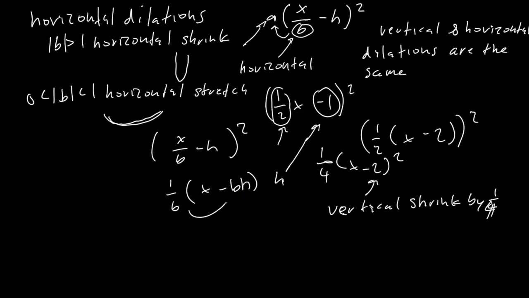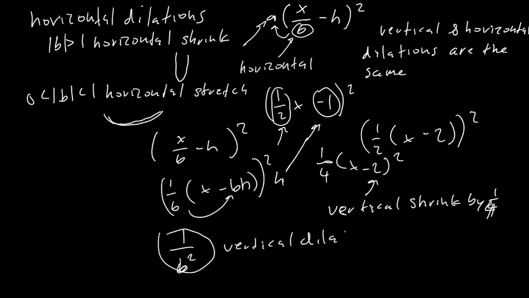So when we multiply b times h over b, we get h. And this is all still squared. So you actually have to do 1 over b squared. That would be your final vertical dilation. Sorry.